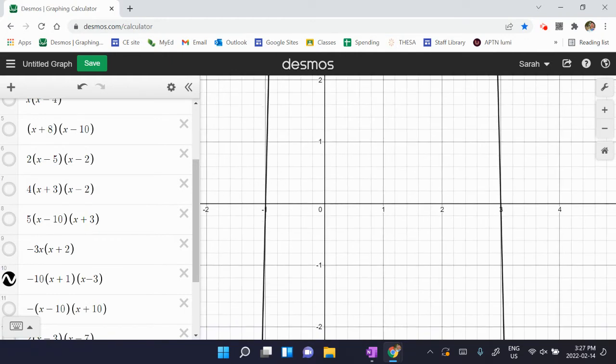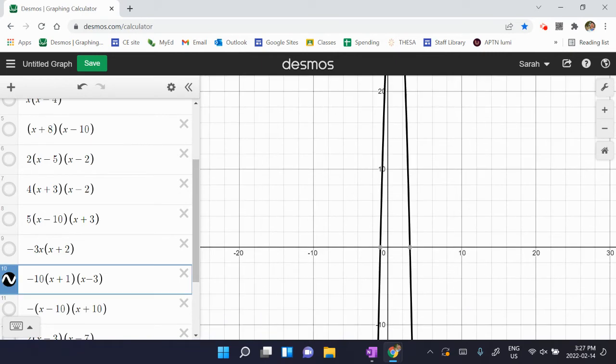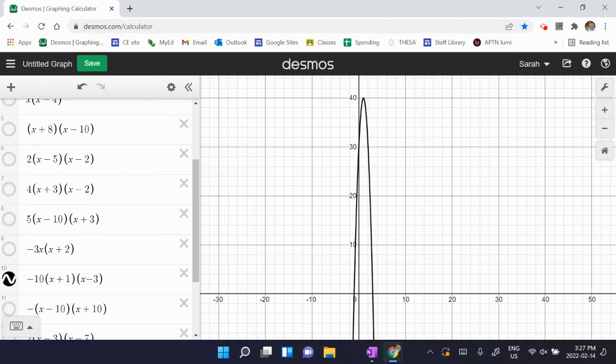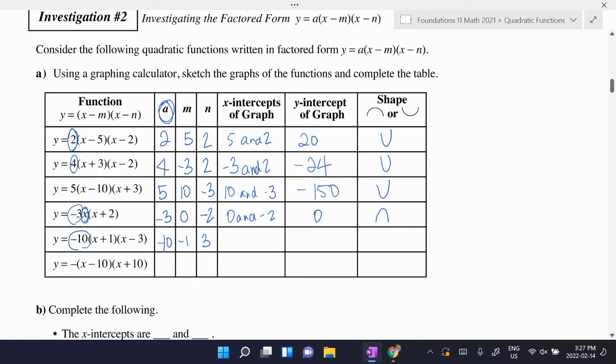X-intercepts are 3 and minus 1. And it is opening down. Negative 1 and 3. I think we said 30. And it's opening down.